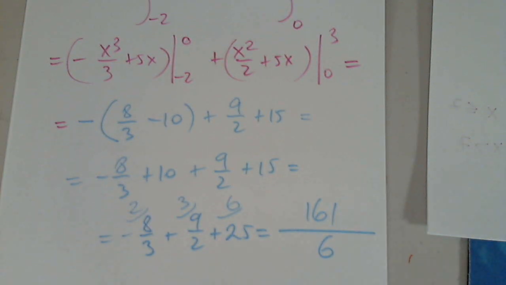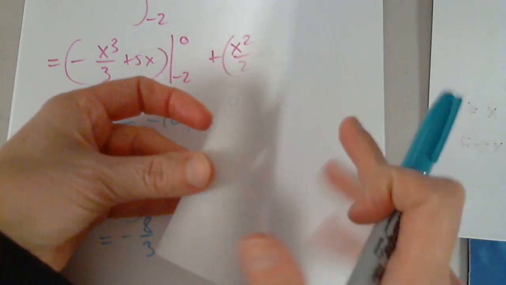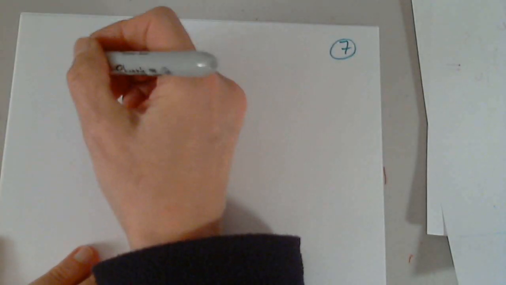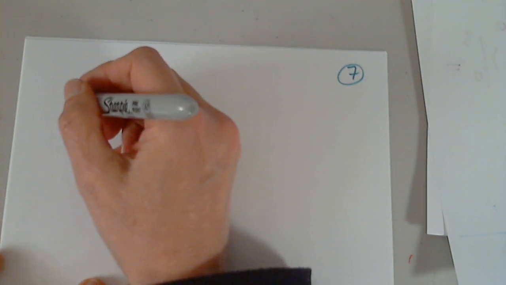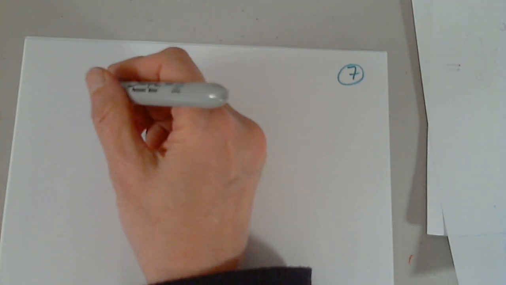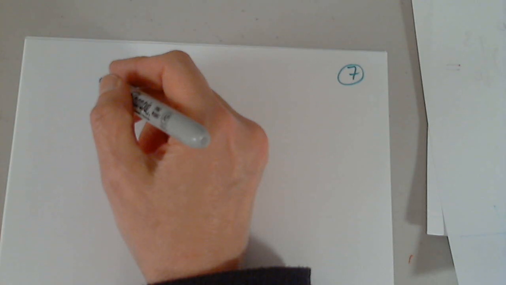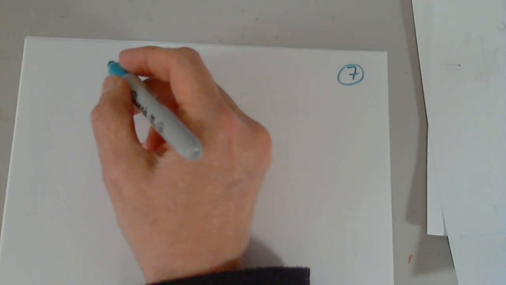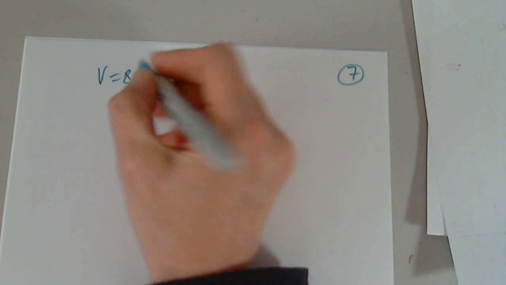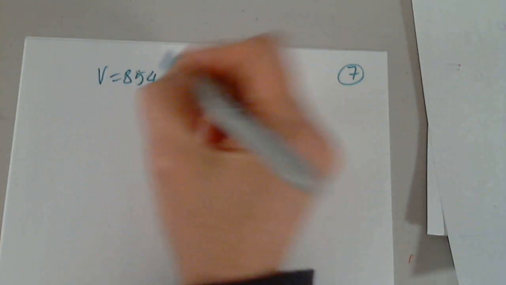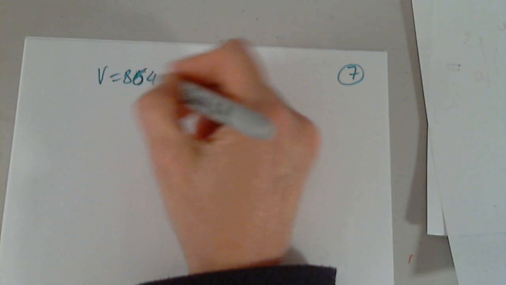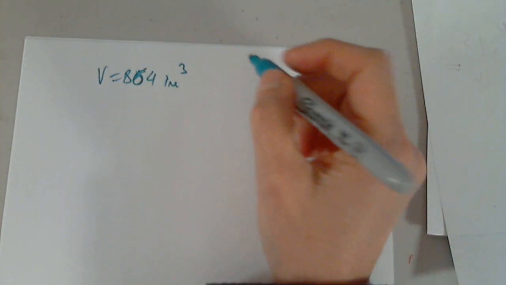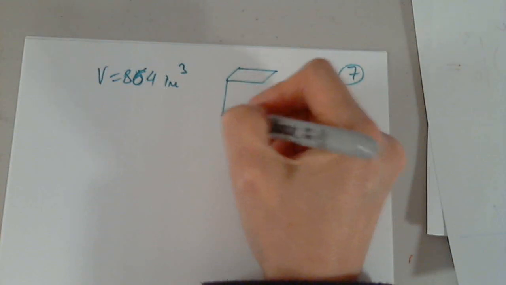I got a problem from 2.5. Very good. I'm ready. It says a drum-type container is designing an open-top square-based rectangular box that will have a volume of 864 inches cubed.